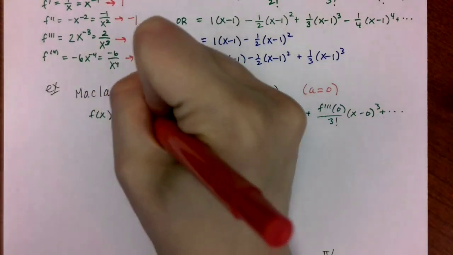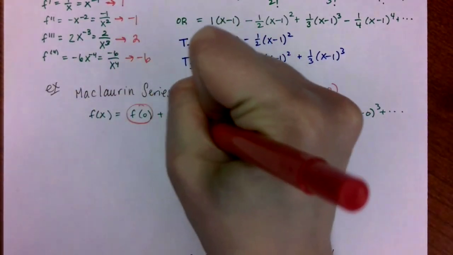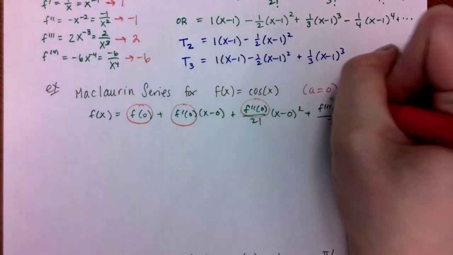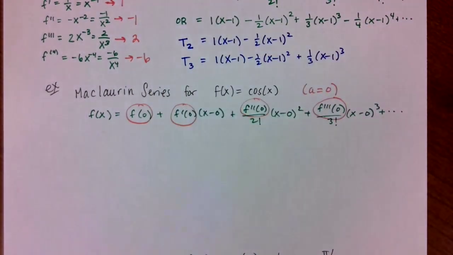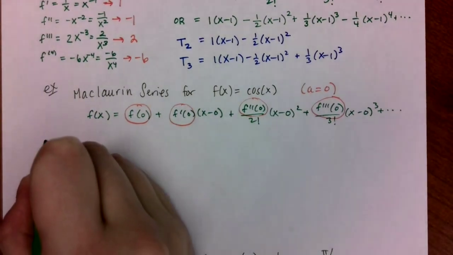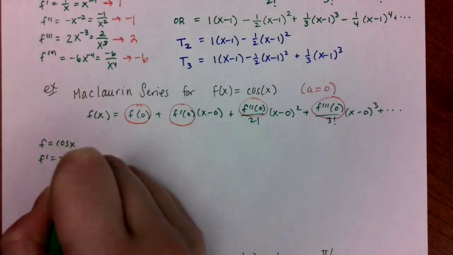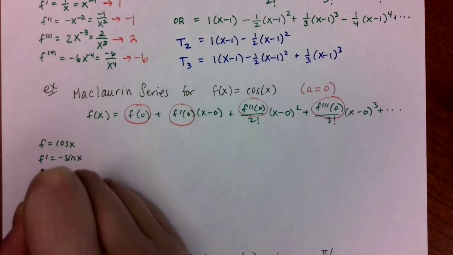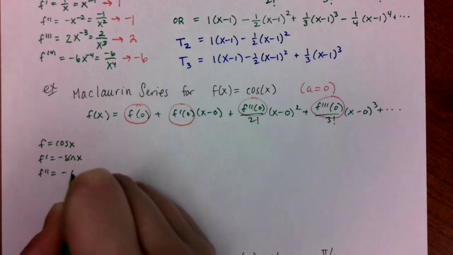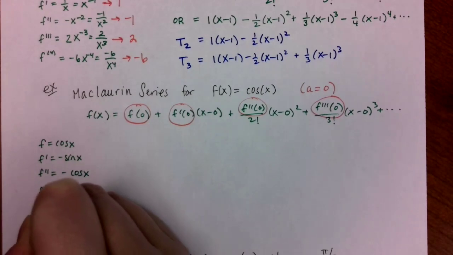Okay, so again, we are plugging in for these numbers. So I want to go out to at least the third derivative of the given function and plug 0 into all of them. So here my f is cosine. Its derivative would be negative sine. Derivative of that is negative cosine.